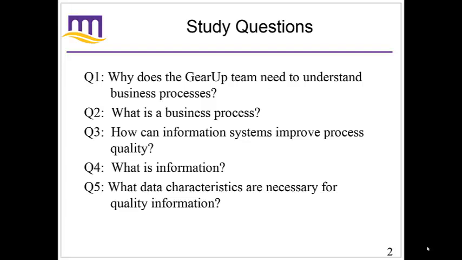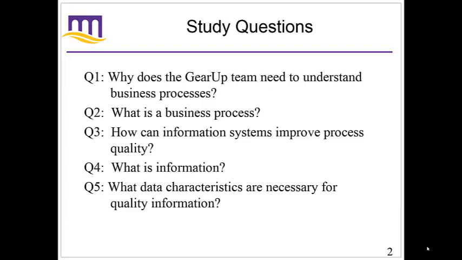So there's got to be business processes built in for dealing with these types of issues. We're going to start with trying to understand what exactly is the business process. And then we're going to step back and say, all right, what is a business process in general? So we see one specific example, then we look at the big picture, more abstract, or what are business processes in general? Question 3 gets into how can information systems improve these processes? All businesses have processes, so how things are done.